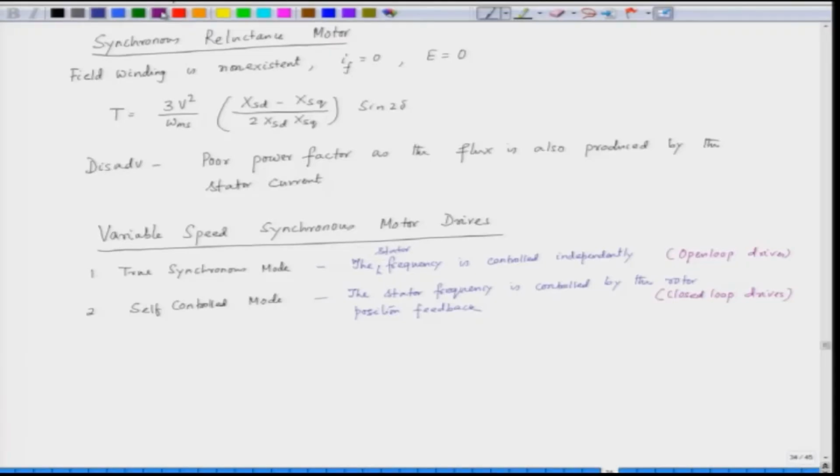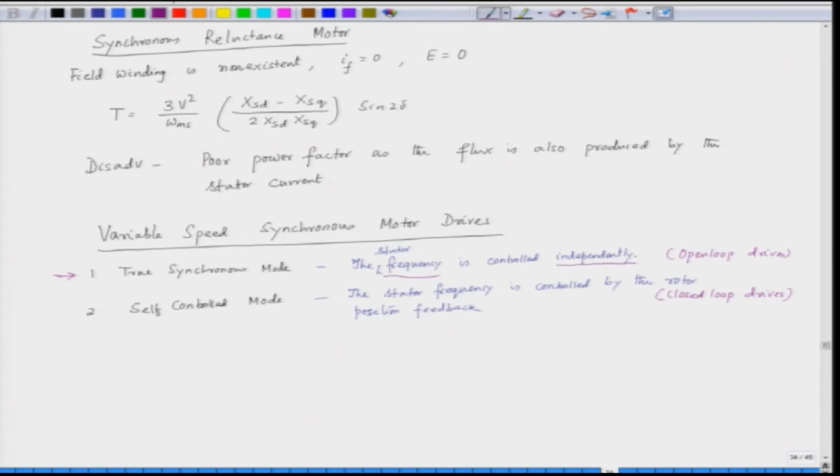In the last lecture, we were discussing the synchronous motor drives. So, we understood that we have two types of synchronous motor drives. We can categorize them into two types. One is the true synchronous mode, the other is the self control mode. In the true synchronous mode drive that we discussed in the last lecture, the stator frequency is independently controlled.